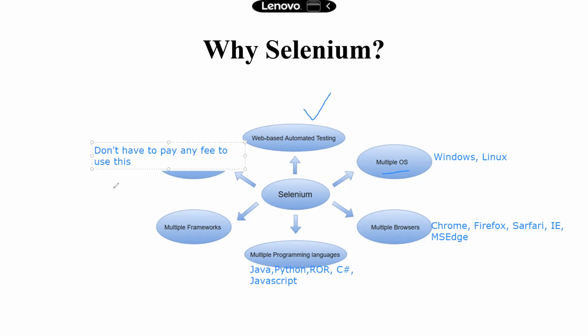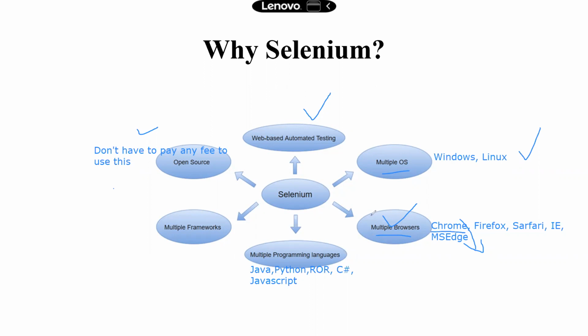So we would be focusing on these things: first of all, it's free. It's for websites. It's for multiple operating systems. It's for multiple browsers. We just have to link our script with the browser. If we want to test our script on Chrome, we would just include the Chrome driver in our code, and we would give it instructions to run that script on Chrome.